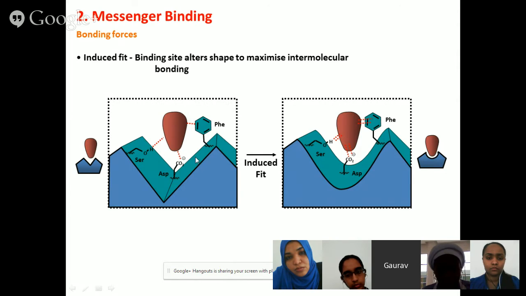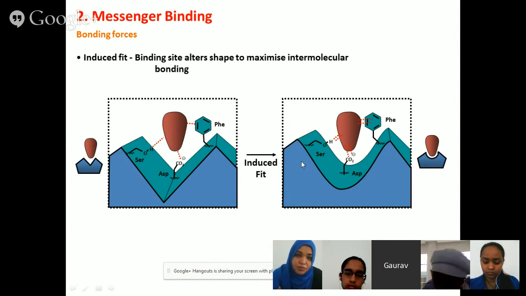Once again, when the messengers bind properly with these bonding forces, it will induce a fit. Due to this induced fit, the binding site of the receptor slightly changes its shape for binding of the messenger. That's called induced fit.